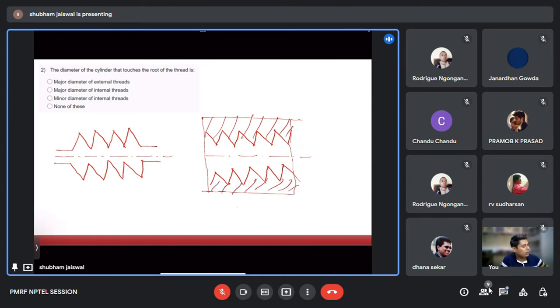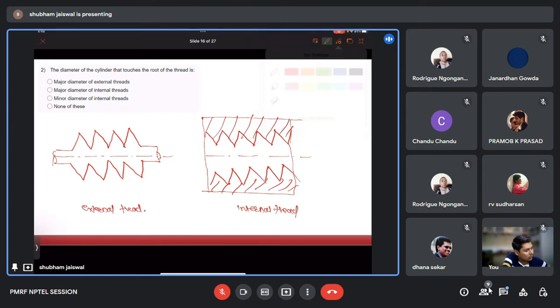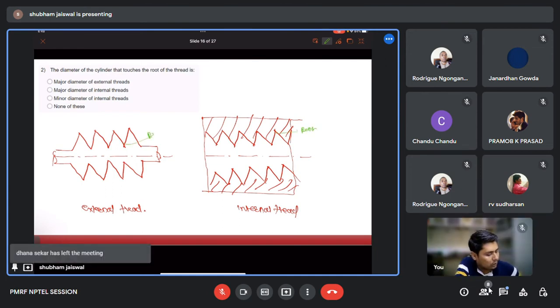Okay, let's see, this is the internal thread and this is our external thread. Now answer this question. The diameter of the cylinder that touches the root of the thread is... so this is the root portion, okay? This is the root.